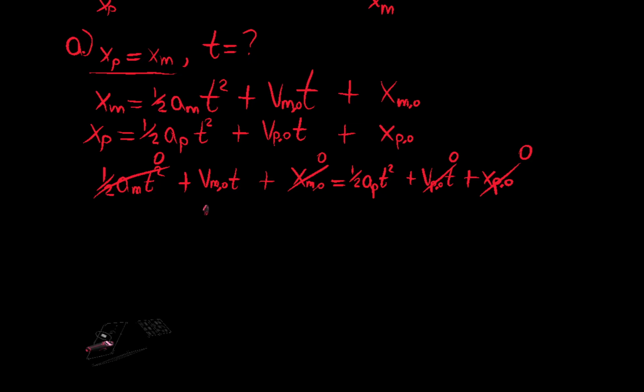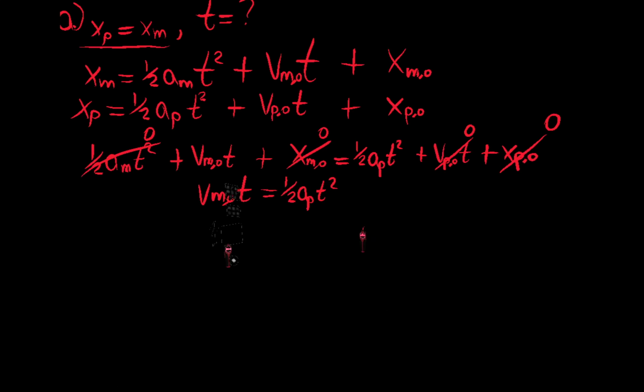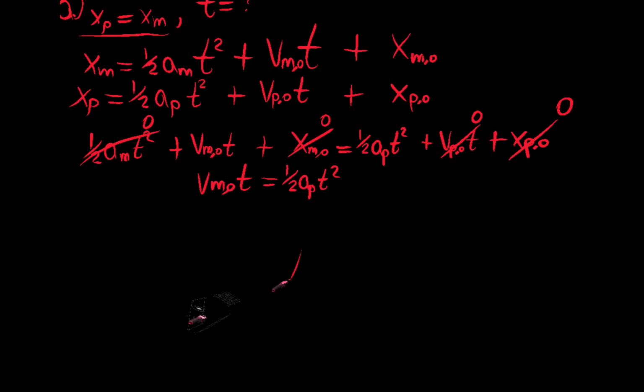So what we have is Vm naught times t is equal to 1/2 AP t squared. And that's it. That's what we're left with. So now, what we were wondering was the time. At what time does the policeman catch the motorist?